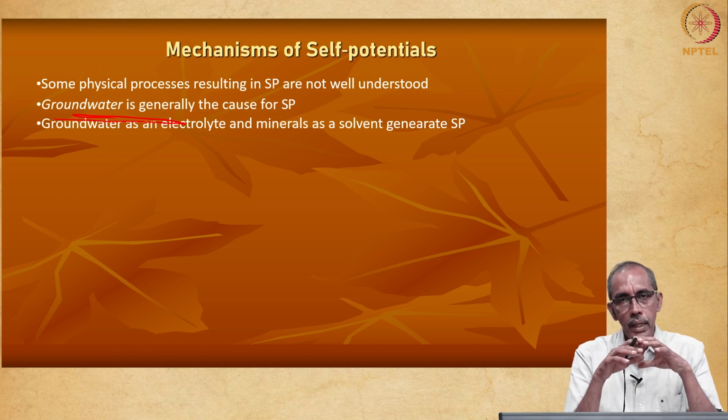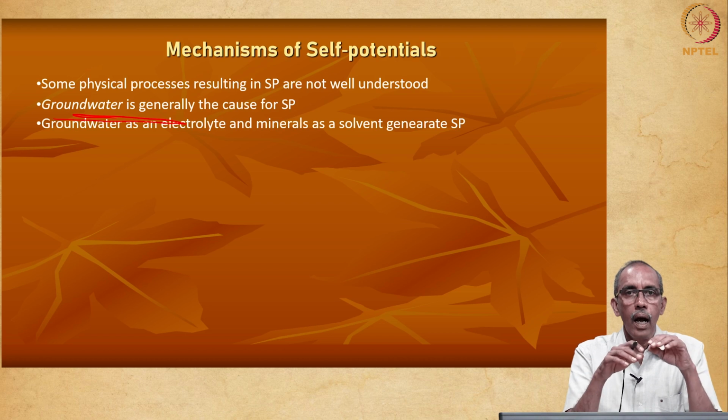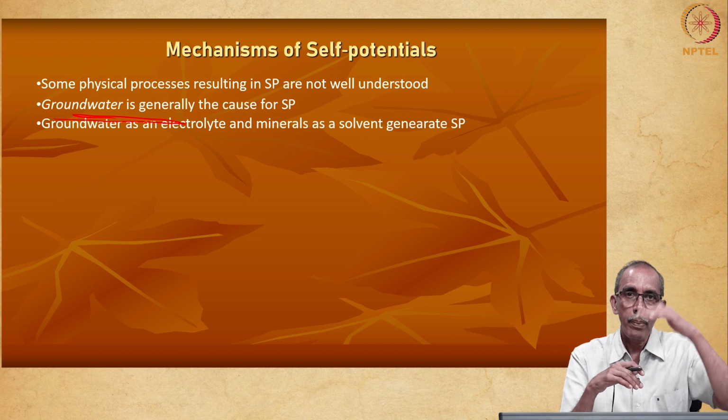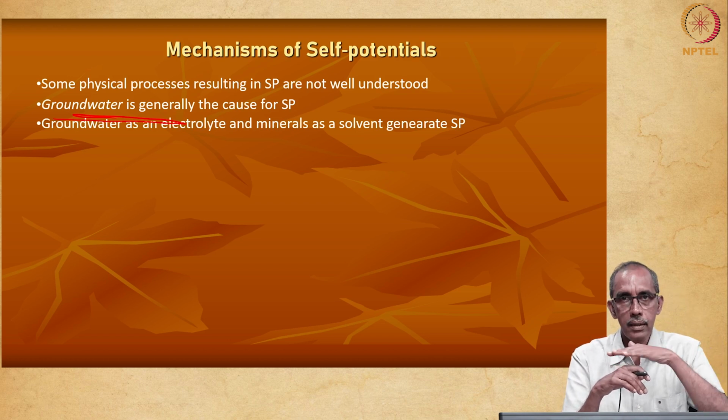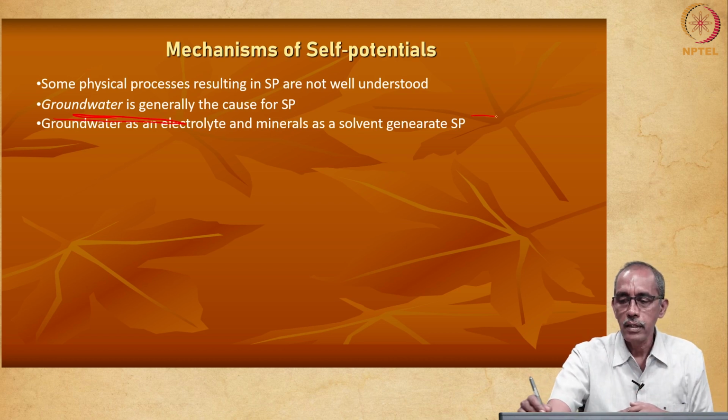Beneath the surface of the earth we have solid material. Apart from the solid material there is water. Also we may have air in the upper part of the subsurface. Then we meet the water table, that is the groundwater zone. Beneath the water table is the groundwater zone. Above the water table is the unsaturated zone.